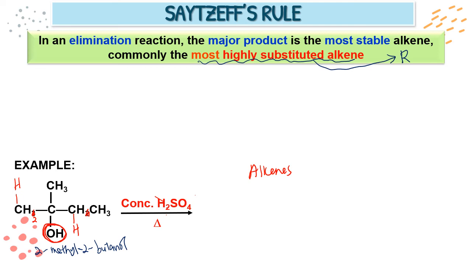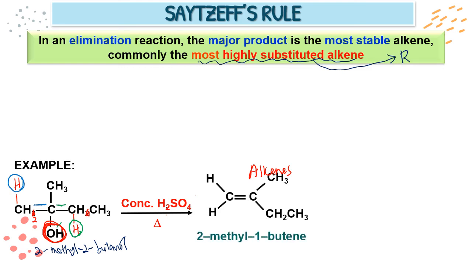We're going to eliminate OH over here, and if you remove the hydrogen over here, the carbon-carbon double bond will form here. And if you remove OH with the hydrogen over here, the carbon-carbon double bond will form here. So in other words, we will have two products.